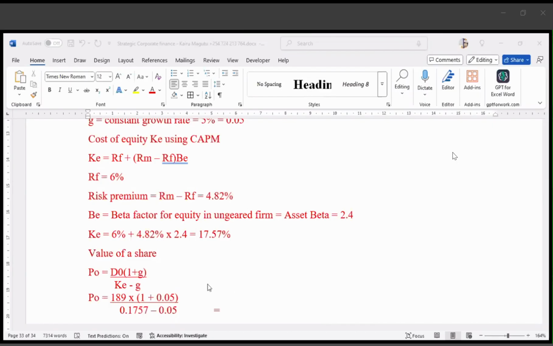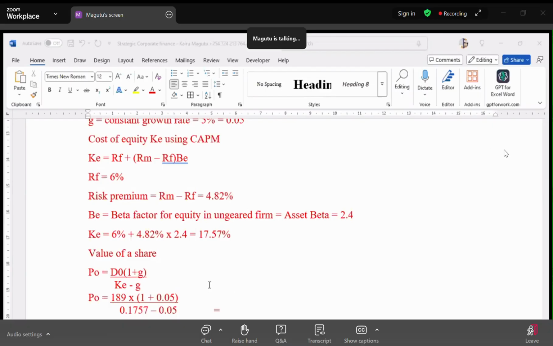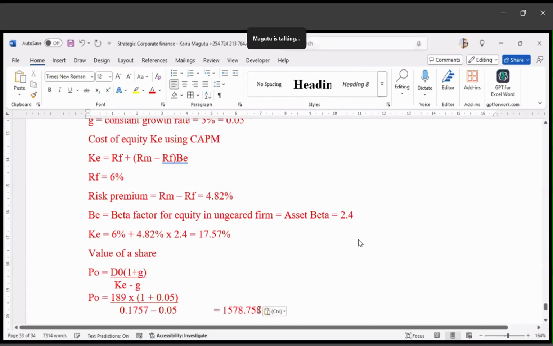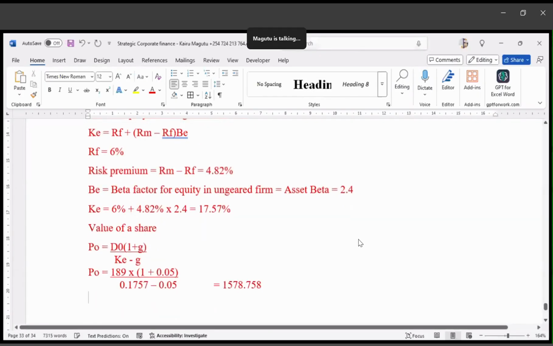So can I pick this one? So it is equal to 1578.758. So we can pick that one. That is the price of a share.